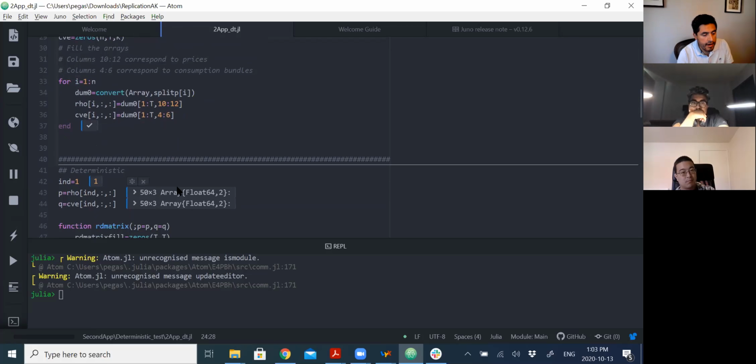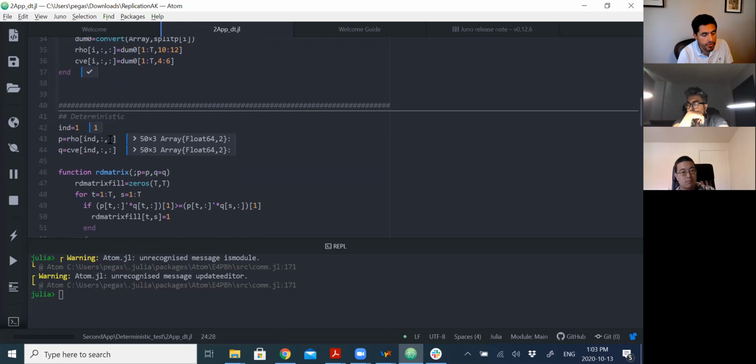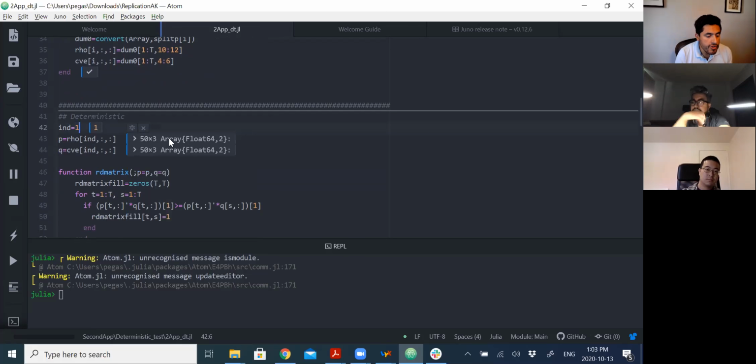So with that in hand, what I'm going to do is create the individual price and consumption that I'm going to fill. So what are the sizes of these vectors? Well, it's 50 rows times 3, because we have 3 goods, right? So each price for each time trial is a 3-dimensional vector, and the same for quantities.